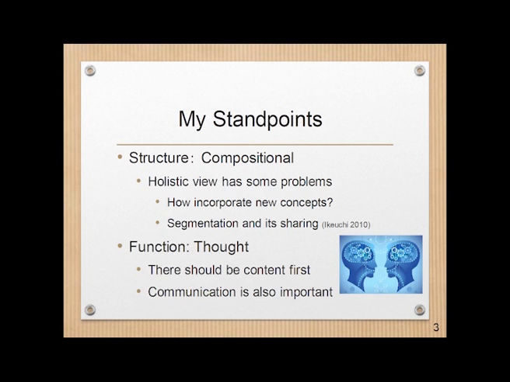And regarding the function of protolanguage, I assume that the original function of protolanguage was a representational one for internal thought. The reason is that if there is no content to express and share in the first place, communication will not occur. In that sense, the starting point should have been an internal representation in private thought.